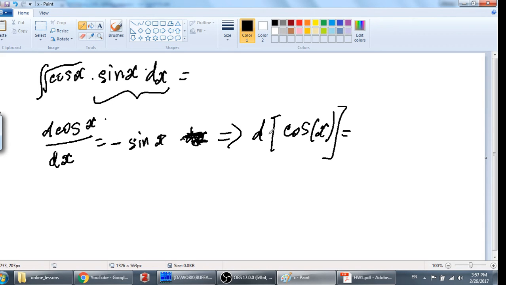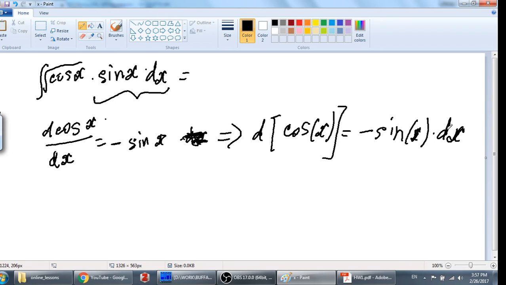So that's the full differential of the cosine function, which is a function of argument x, and that happens to be minus sine of x times another differential of x.